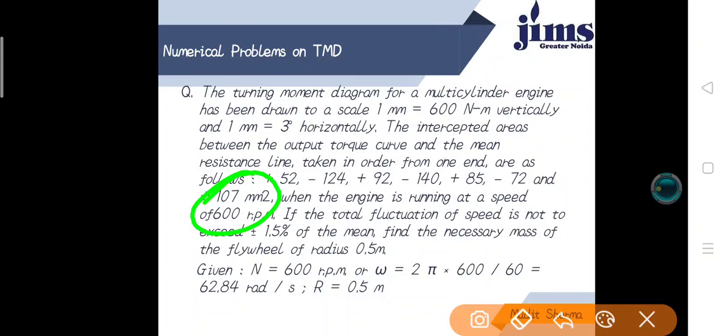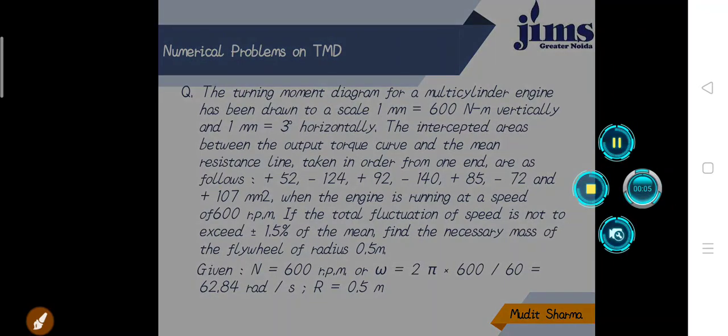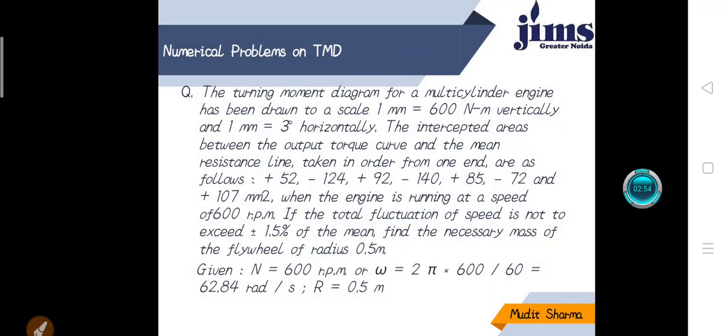The total fluctuation of speed is not to exceed plus or minus 1.5% of the mean speed.